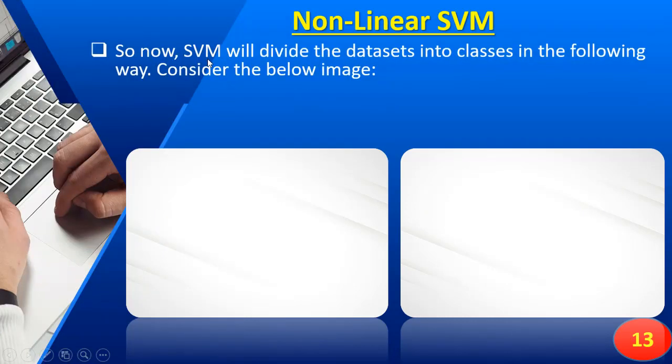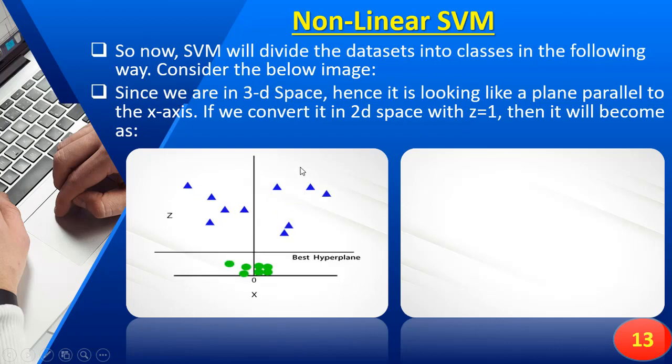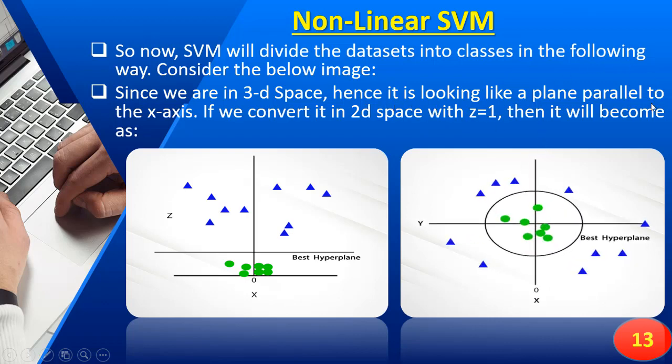Now SVM will divide the dataset into classes in the following way. Consider the below image. Since we are in 3D space, it looks like a plane parallel to the x-axis. If we convert it into 2D space with z equal to 1, it will become as follows.